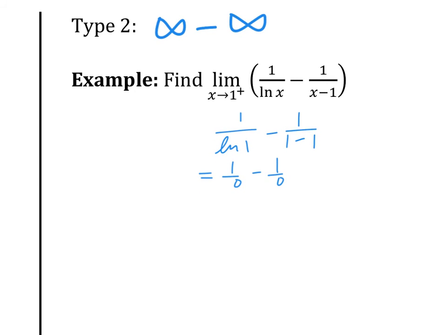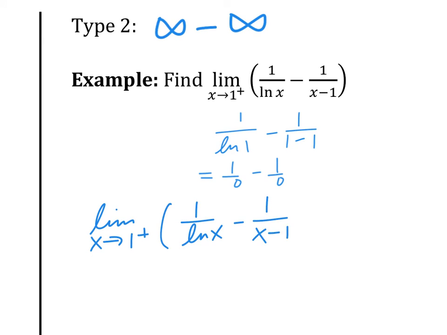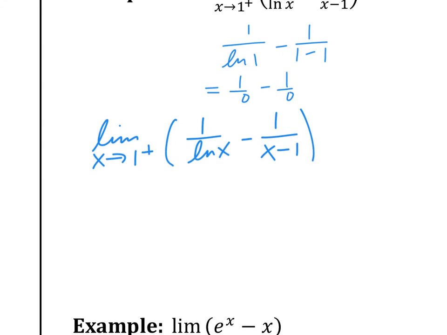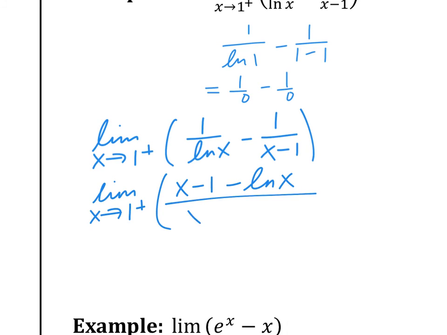Okay, so this one's not too hard. We just need to combine those two terms into one. That way we just have a quotient. So we are going to multiply the left by x minus 1 and then the right by natural log x, and then combine the two denominators together.